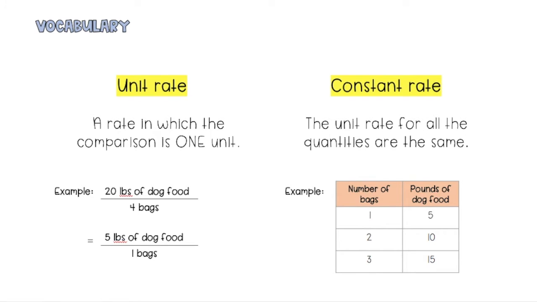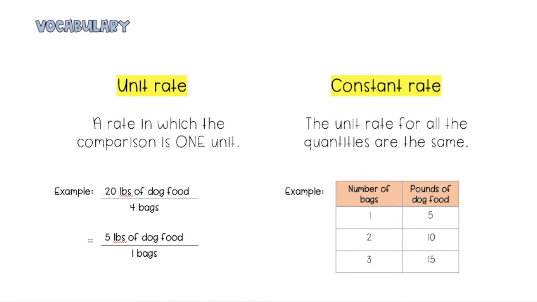My constant rate is the unit rate for all the quantities when they are the same. So looking at this table, I should be able to divide any pair of quantities and get the same result. So here I have 1 bag of dog food is 5 pounds, 2 bags of dog food is 10 pounds, and 3 bags of dog food are 15 pounds.